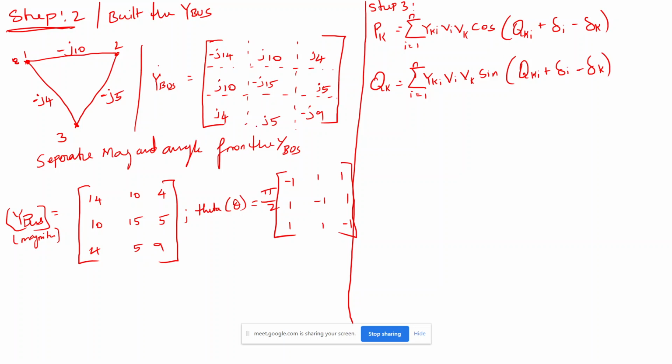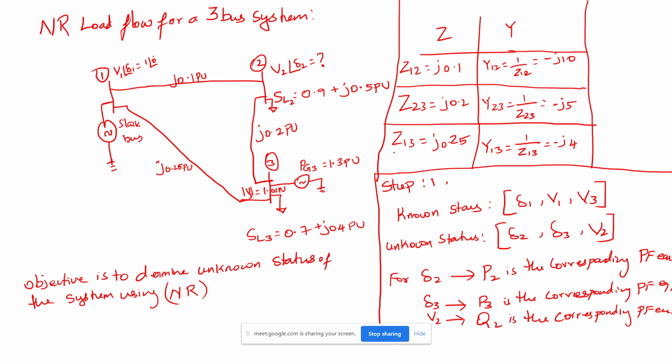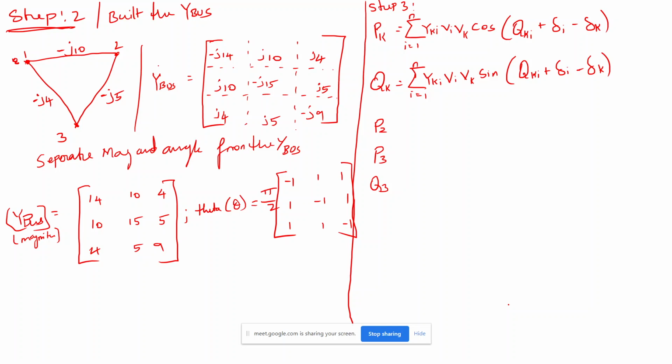But if you see, I don't want all of them, I need the values for P2, then P3, and then Q2. These are all the needed ones. Just verify this. Yes, I need P2, I need P3, and I need Q2. So if I write these equations as functions, I will call them Fp2, Fp3, and Fq3. So these three are the functions I am going to deal with. Suppose I write this equation as 0.